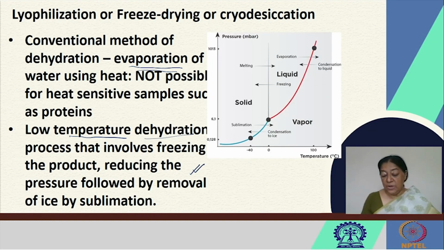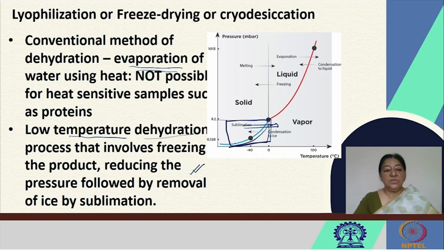For example, when we look at a solid-liquid-vapor water phase diagram, we know that if we are within this range along the blue line, we can go from the solid phase to the vapor phase by sublimation, considering that our pressure and temperature are within this range.